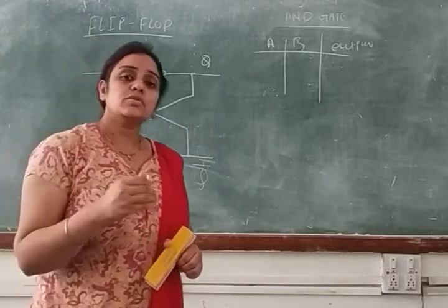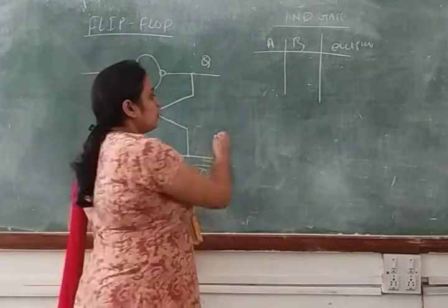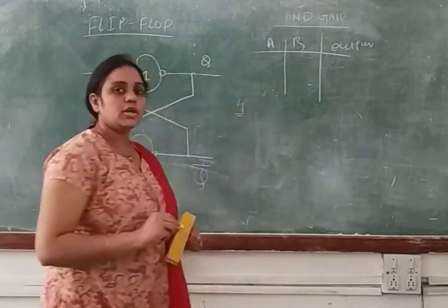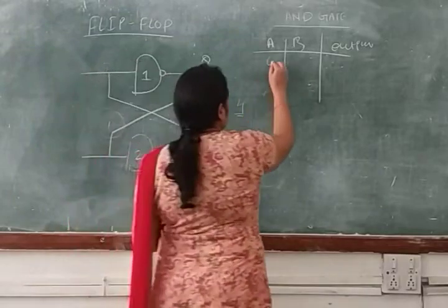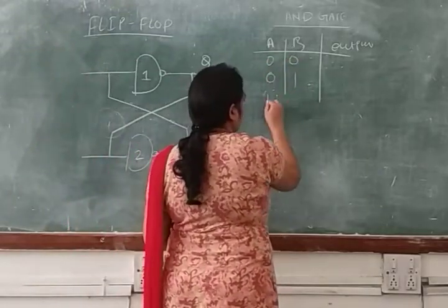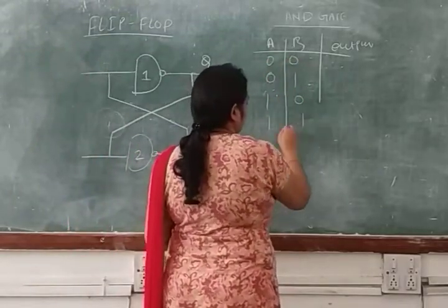You will get 2 raised to 2, which means 4 combinations in your truth table, and those are 0 0, 0 1, 1 0 and 1 1.